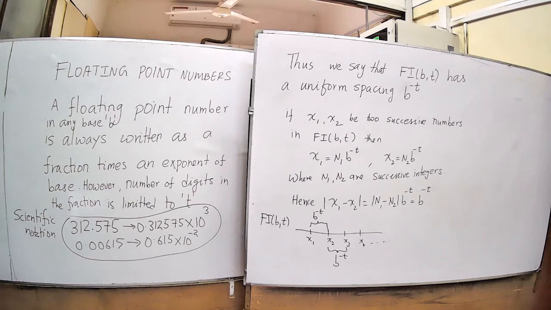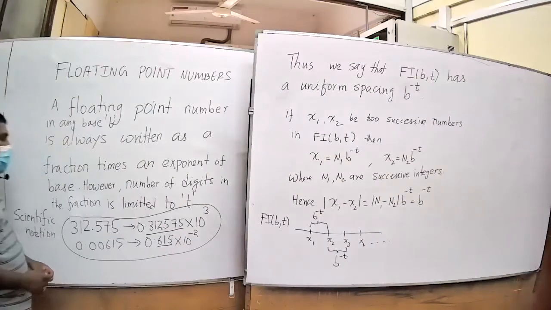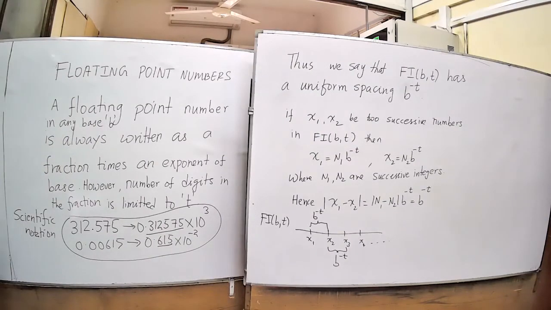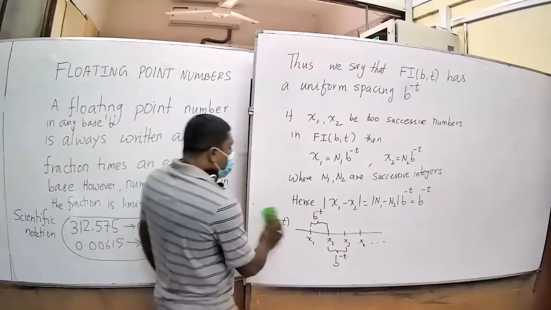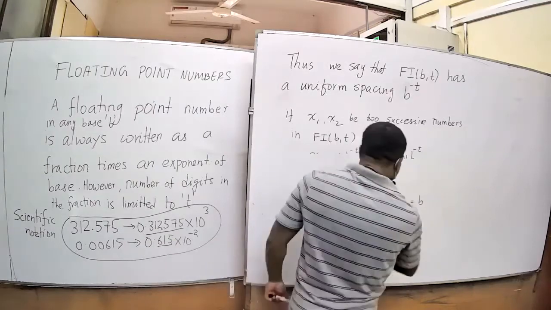So this example is scientific notation, not floating point representation. In floating point representation, the fractional part is limited to a certain number of digits. That is the big difference between scientific notation and floating point representation.